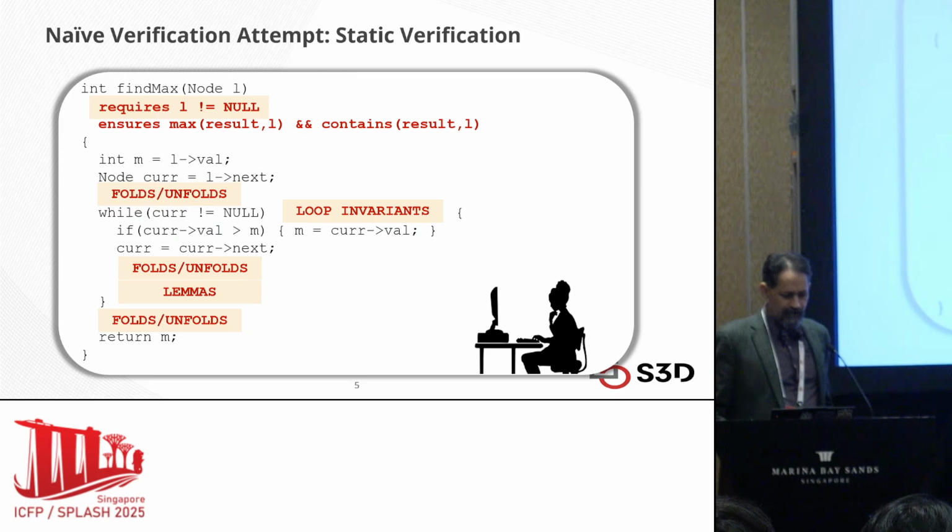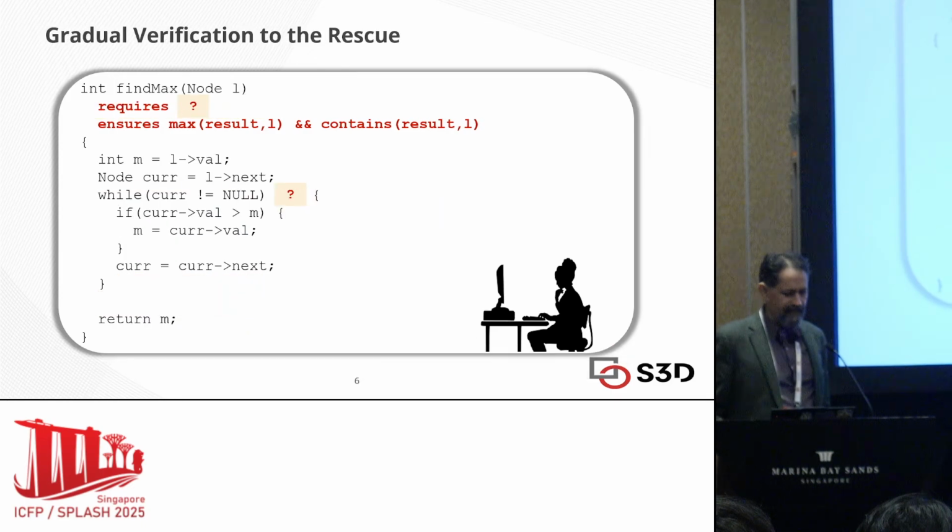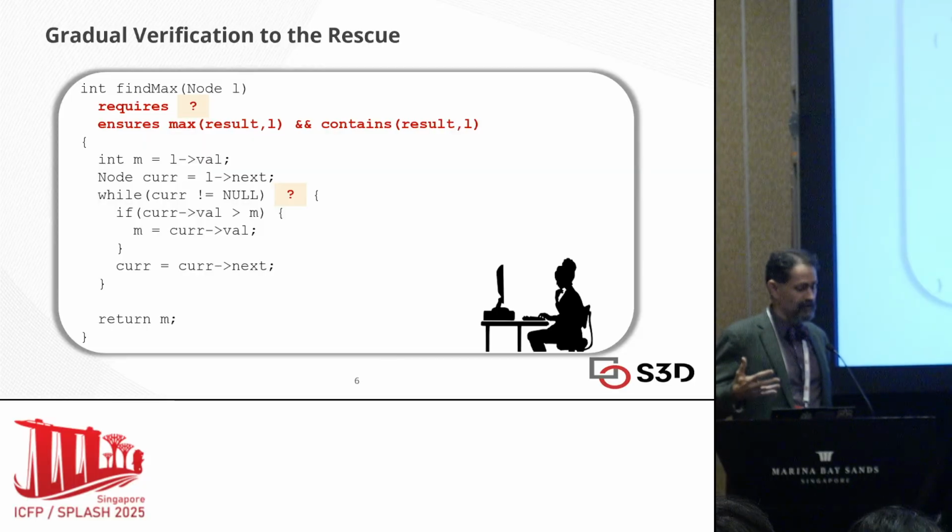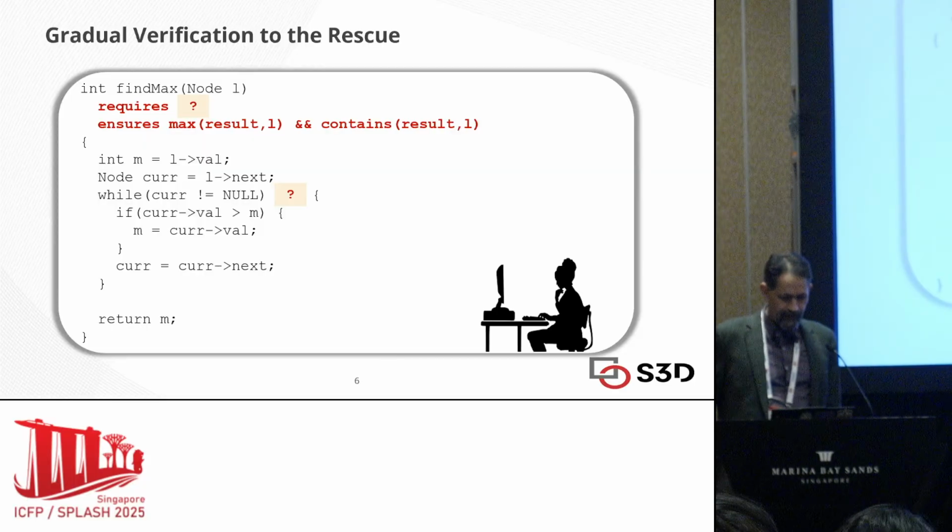What we're going to do instead is try a technique called gradual verification. And gradual verification is going to allow us to leave out specifications, and we'll check the specifications we do put in statically wherever possible and dynamically otherwise.